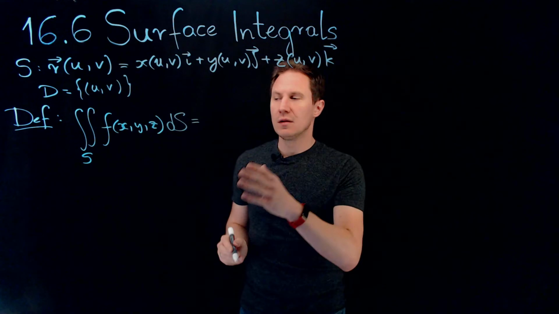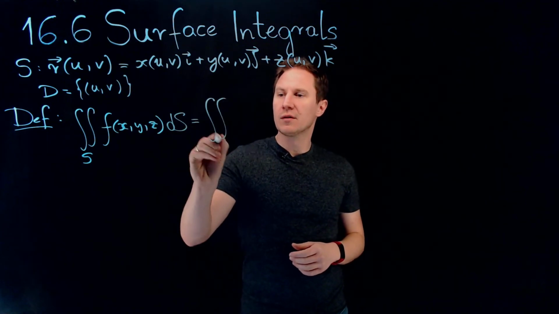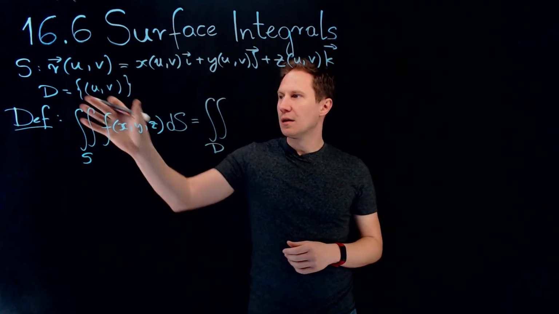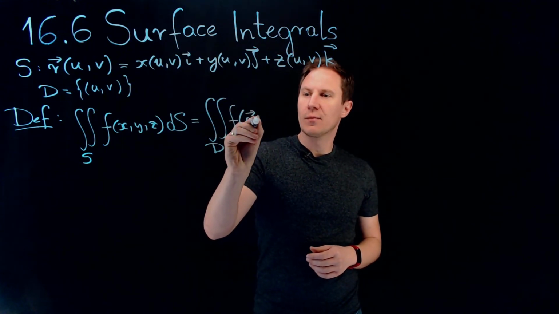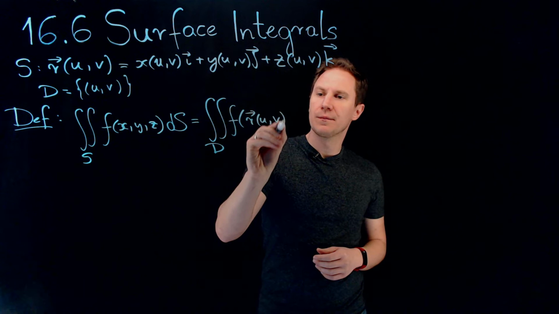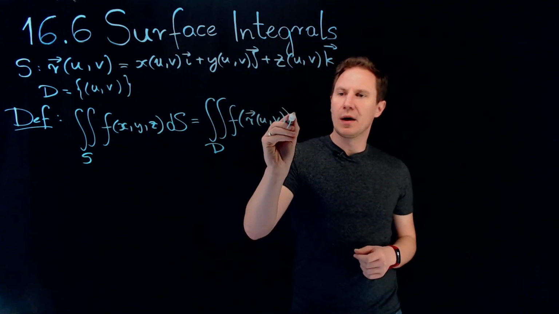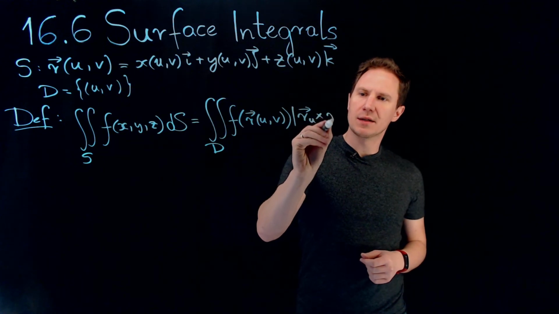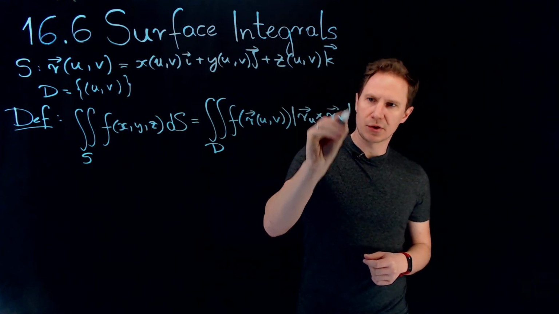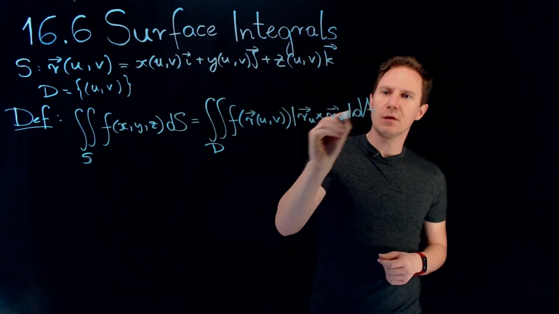It will be defined as the double integral over the domain D of f as it takes its values on the surface, multiplied by the length of the cross product of r sub u and r sub v, the partial derivatives of our vector function.